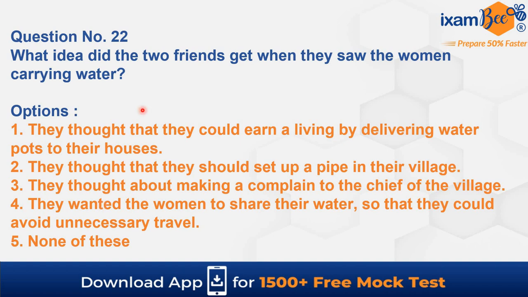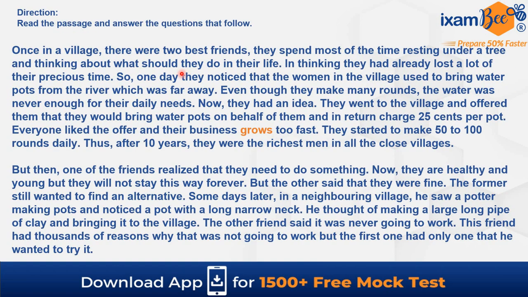Okay. See question number 22. What idea did the two friends get when they saw the women carrying water? So do we read about women carrying water? Okay, so see, they noticed that the women in the village used to bring water pots from the river, which was far away. Even though they made many rounds, the water was never enough for the daily needs. Now they had an idea.